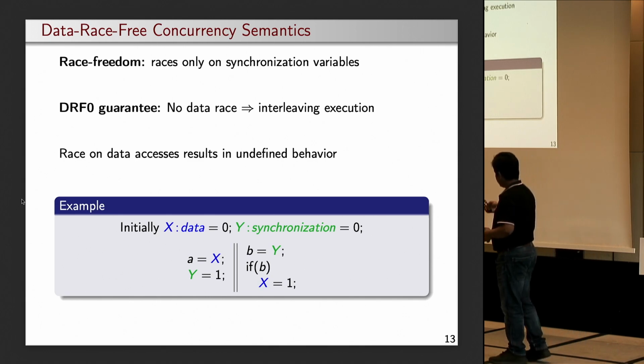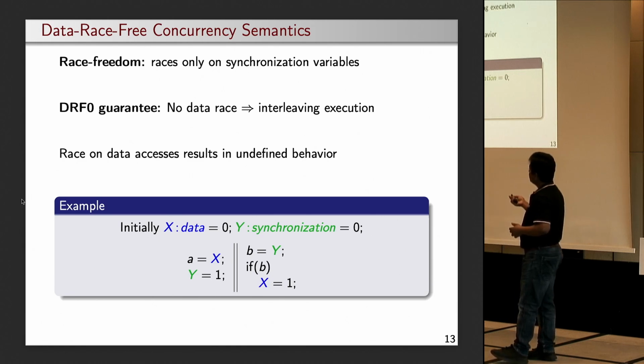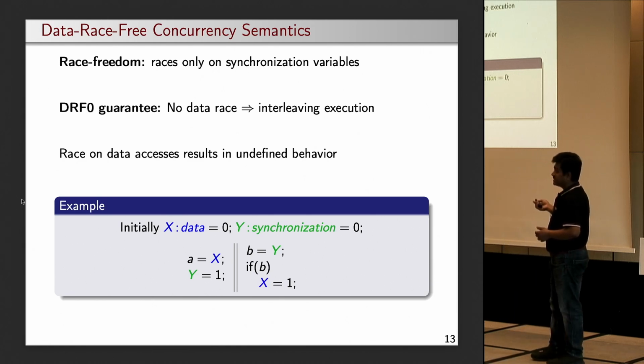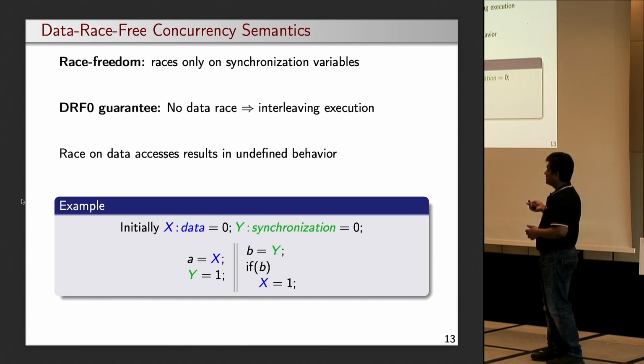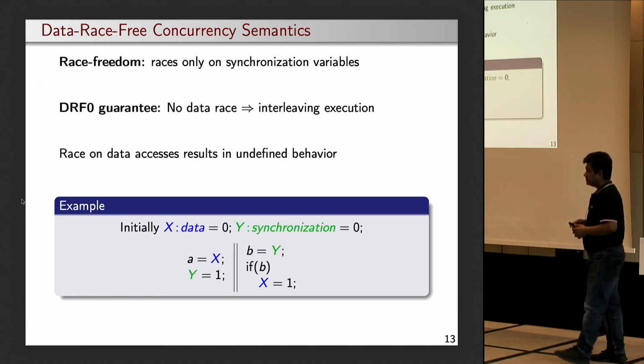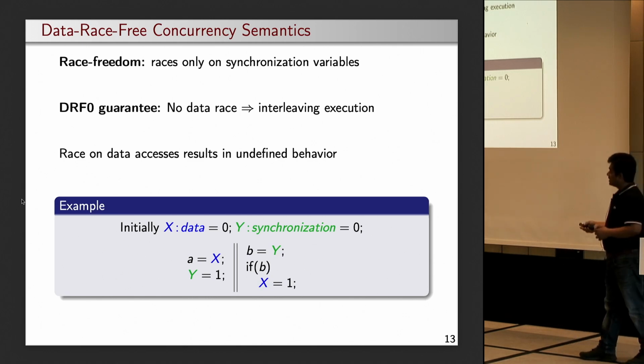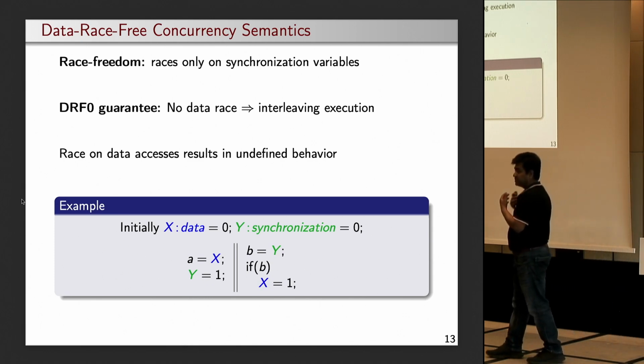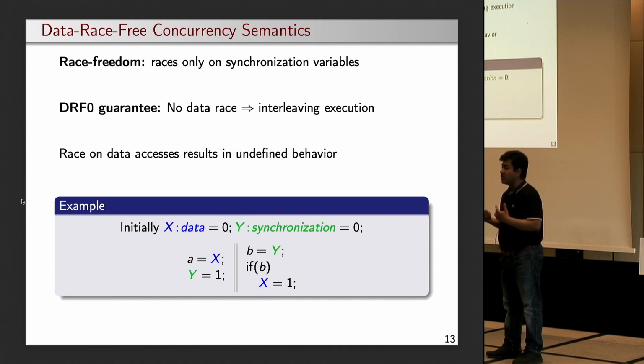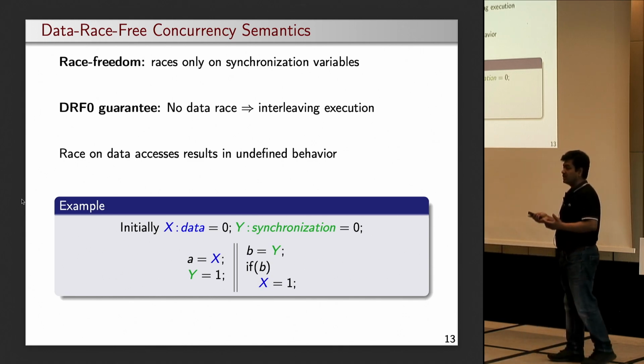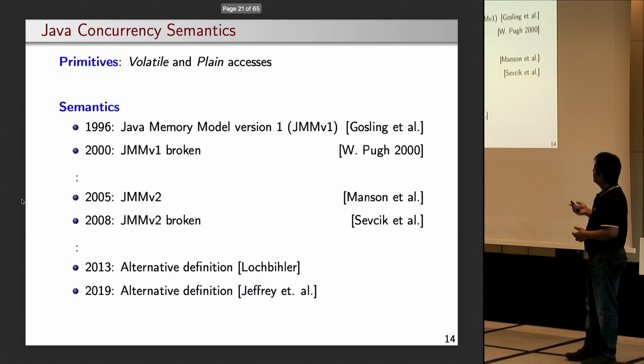Now, if we look at this particular program, we can see that if y is a synchronization variable, it can be used to communicate this information without any data race on variable x. This has been a foundational model for the modern concurrency semantics of programming languages.